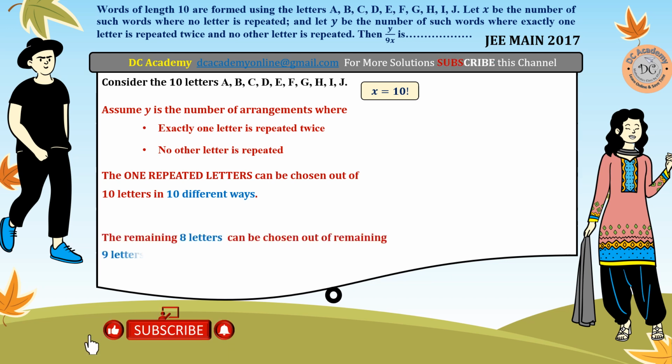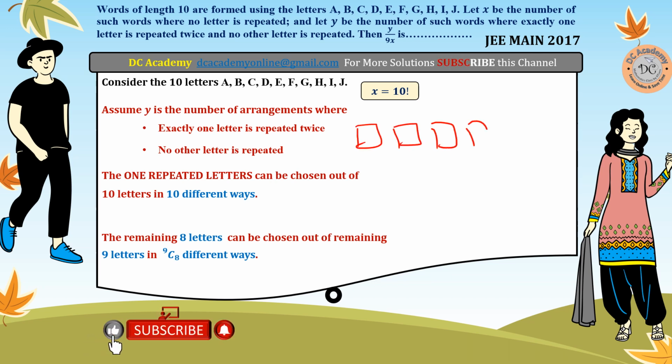Now let us consider the remaining letters. How many letters are left? 8 letters. Why? Because 2 A's may already be selected out of the 10 boxes. Let us understand this fact.